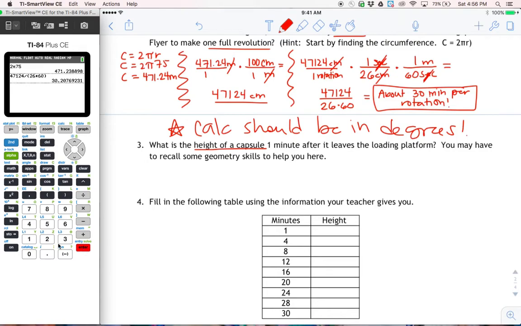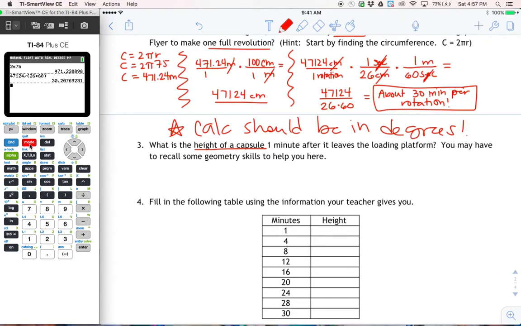So first things first, I'm going to go to my mode, and I am going to click on degrees to make sure that I don't get some crazy number here for my answer. All right, so the height of a capsule. Y'all, this requires two separate calculations, and we definitely have to understand both. If we want to know how far it is off the ground, we have to know how much did it travel.